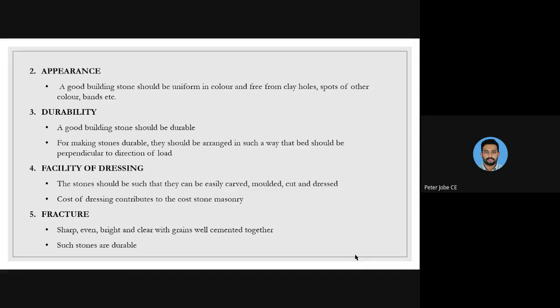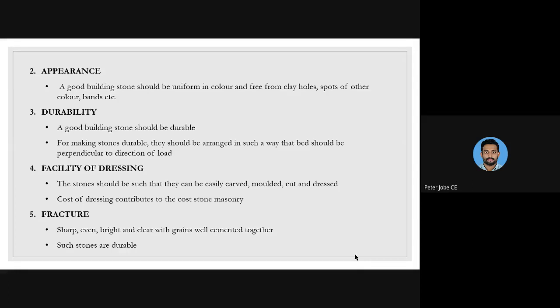And next is durability. A good building stone should be durable. For making stones durable, they should be arranged in such a way that the bed is perpendicular to the direction of load. This is the method by which we construct load-bearing walls. You have seen how these stones are laid. They are not laid at any tilted angle.